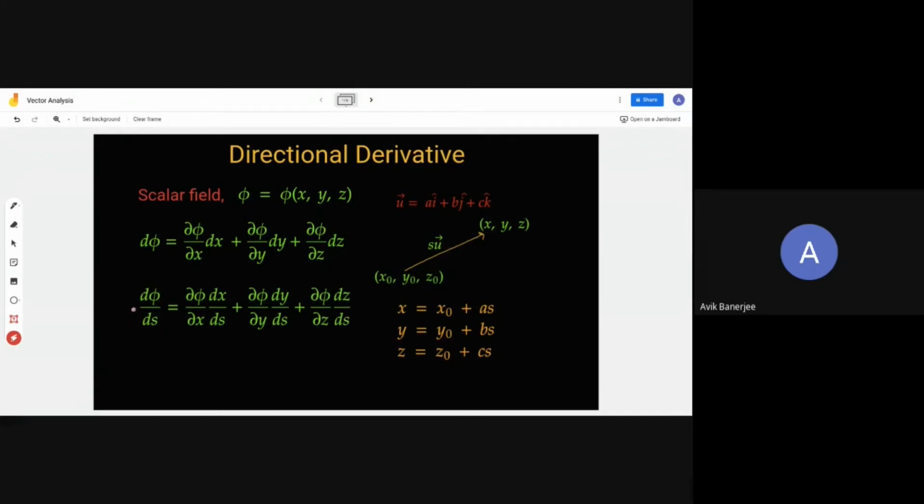Now we are calling the d phi ds as the directional derivative. And why do we do that? As d phi is this, d phi ds can be written in this way: del phi del x dx ds plus del phi del y dy ds plus del phi del z dz ds. We can write it in this fashion.